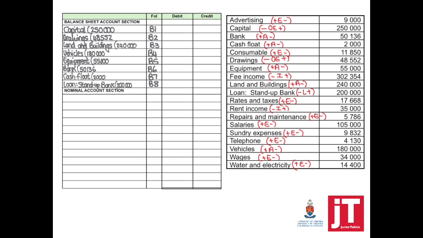Now we're going to move on to the nominal account section, which consists of all our income and all our expenses. Our first income, fee income, 302,354. We had rent income in brackets, 35,000, account number N2.